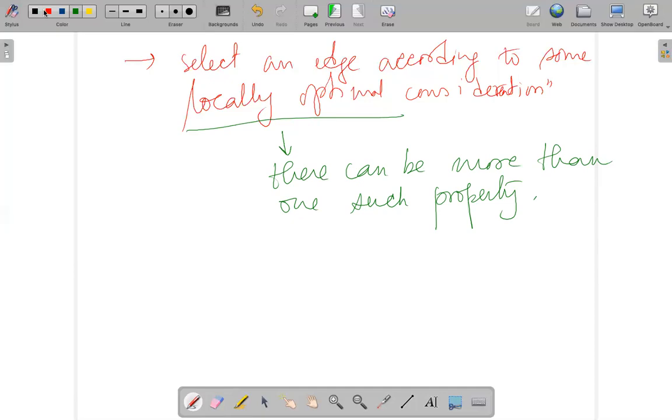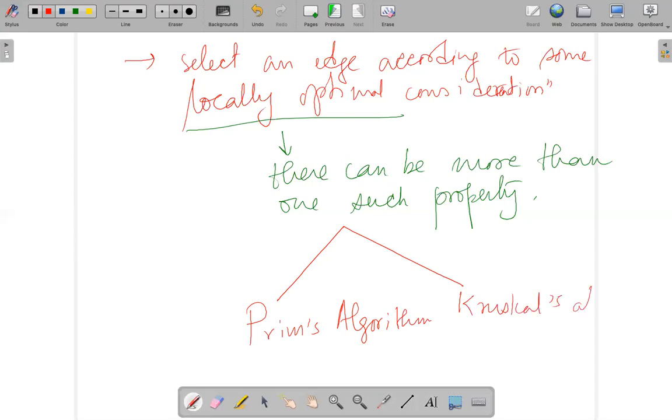And depending on what you choose, there are at least two existing known algorithms, which are very, very famous in the graph algorithm literature. One is called the Prim's algorithm, and the other is called the Kruskal's algorithm.